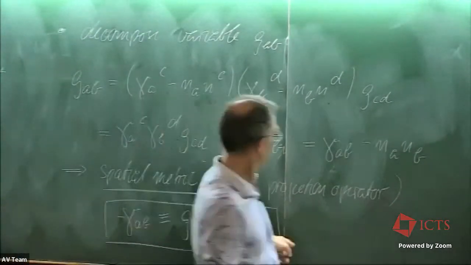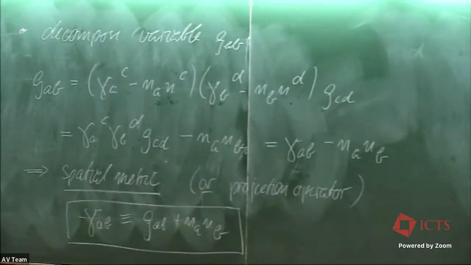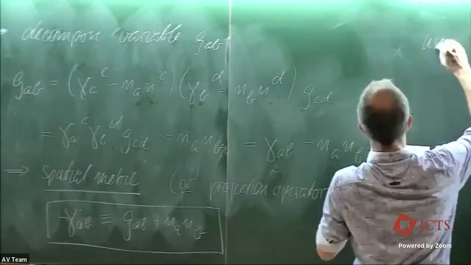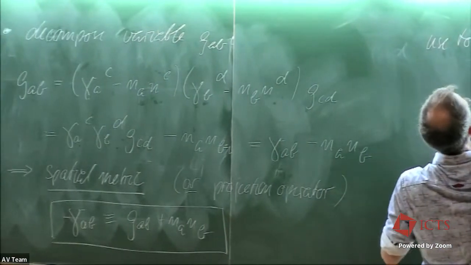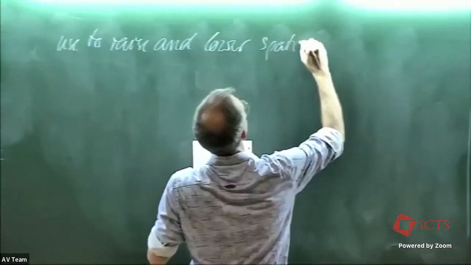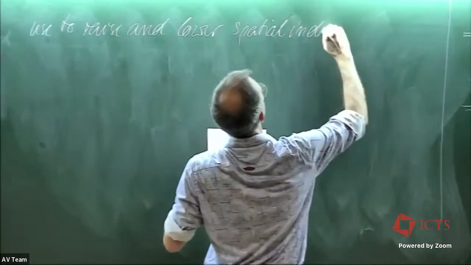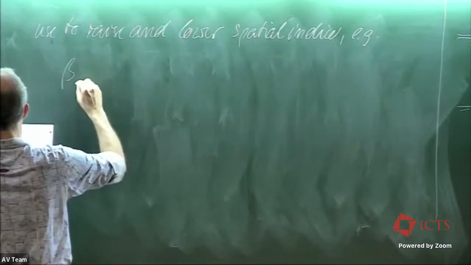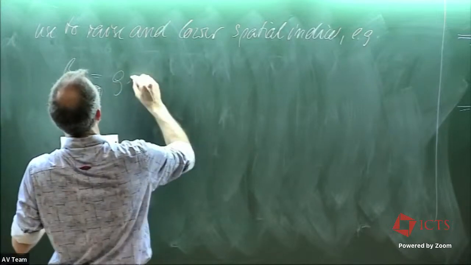Now the next thing is we can realize that we can use this spatial metric to raise and lower spatial vectors, spatial indices. So for example, I could write BA. Now formally, how do we raise and lower indices? Well, I need the space-time metric, right? So this is the same as GAB.